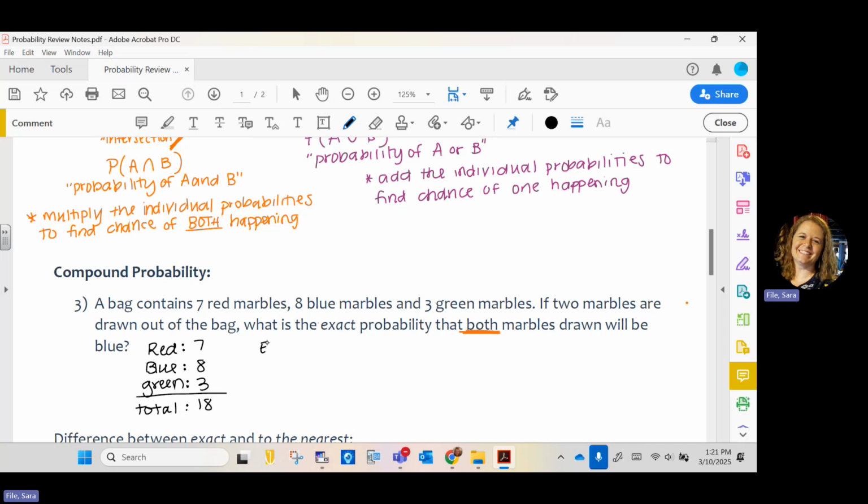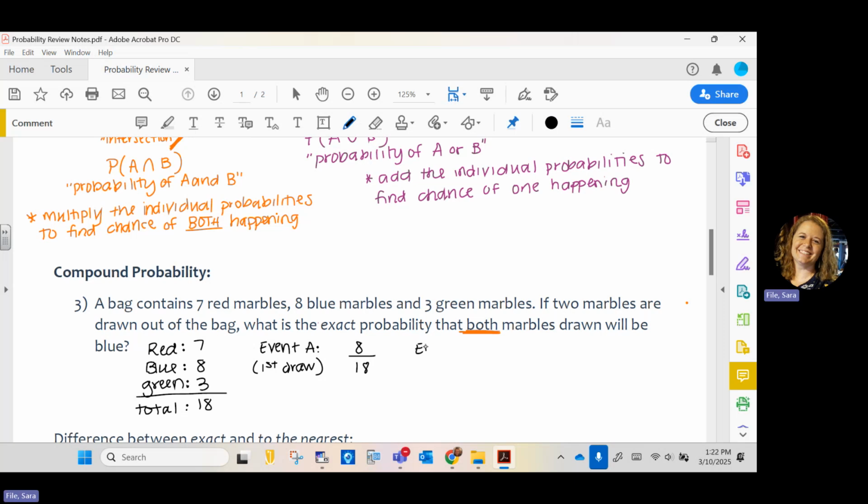Now event A, or your first draw. How many blue are there? When you go to draw from the bag, how many blue were there initially? 8 out of how many in the bag? 18. So your probability of drawing a blue on the first draw is 8 out of 18.